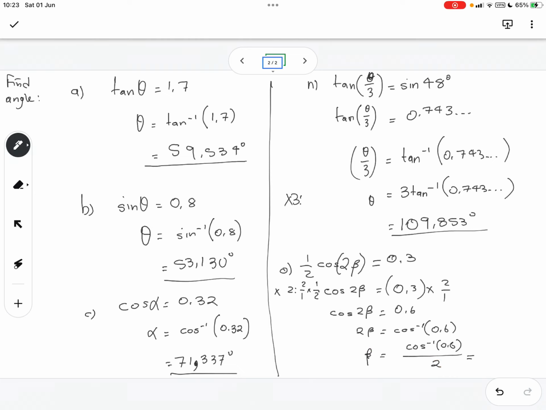And when we do the math, 0.6 times the arc cos and then divide by 2, we get 26.565 degrees.